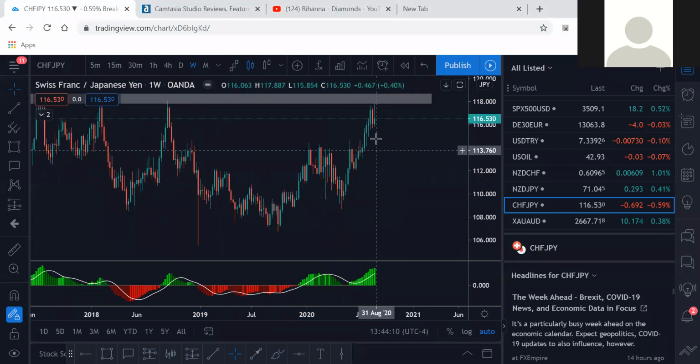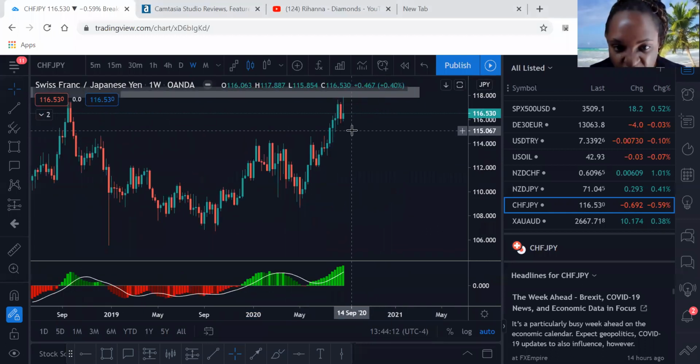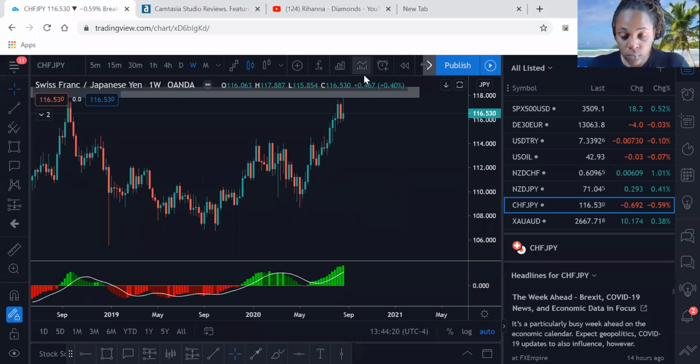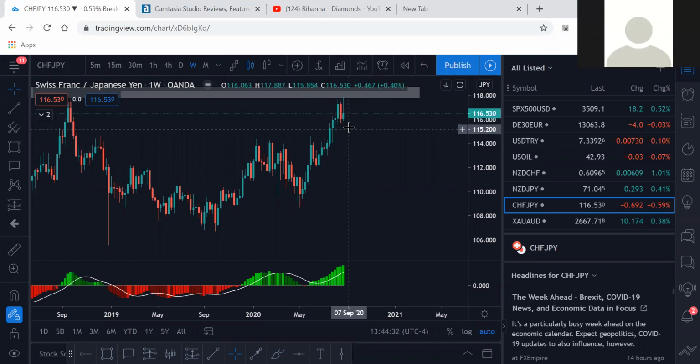And what type of candlestick pattern do we have on the weekly resistance? What type of pattern do we have here?